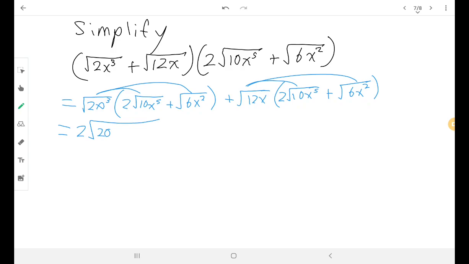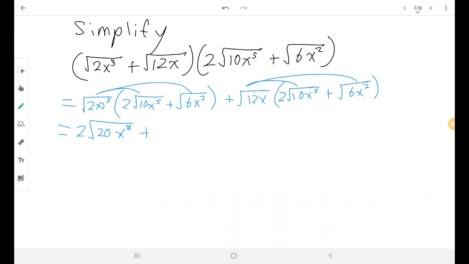And x to the 3rd times x to the 5th is x to the 3 plus 5, so that's x to the 8th. And as you might be able to see, hopefully you can see, that x to the 8th I'm going to be able to write as a fractional exponent, and that will give me a real nice, neat answer, because I'll just do 8 divided by 2, right?